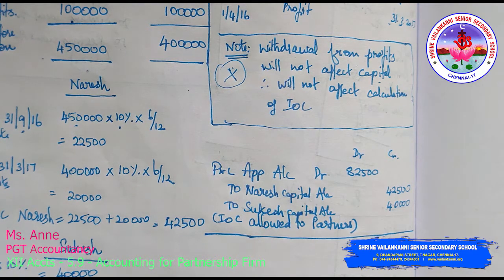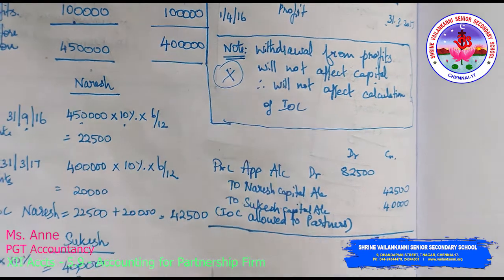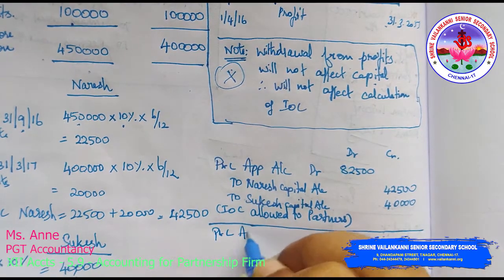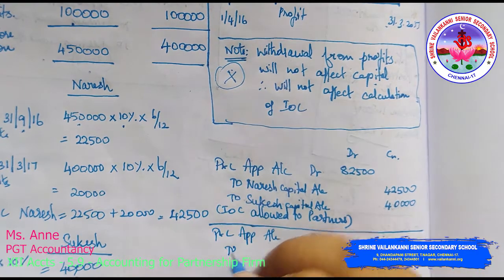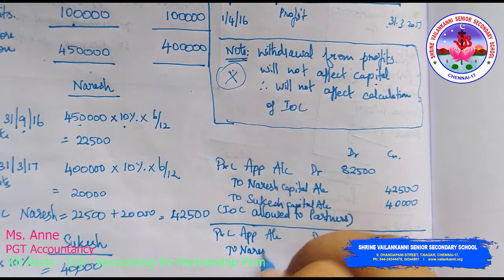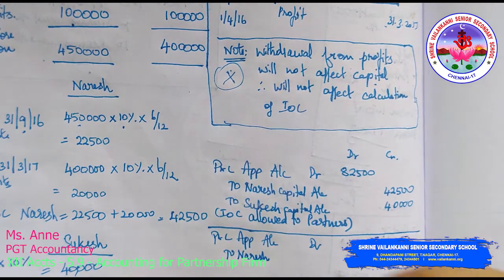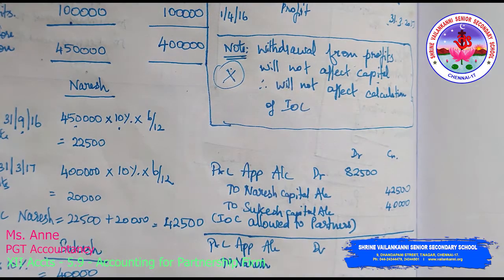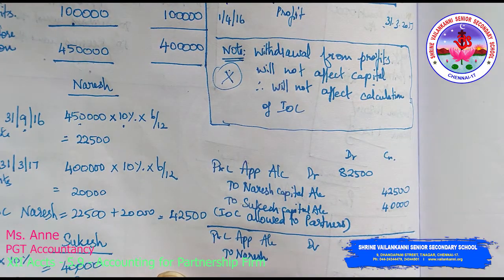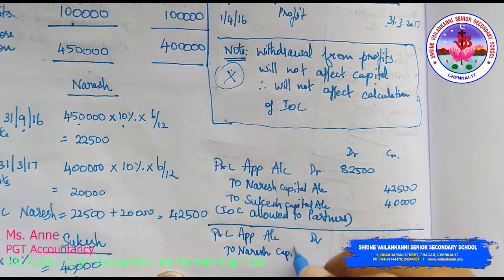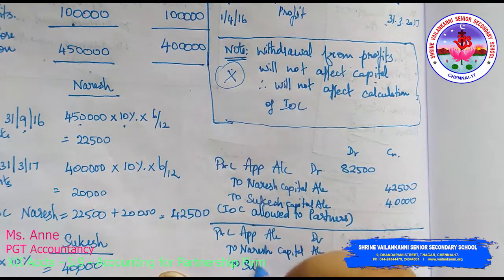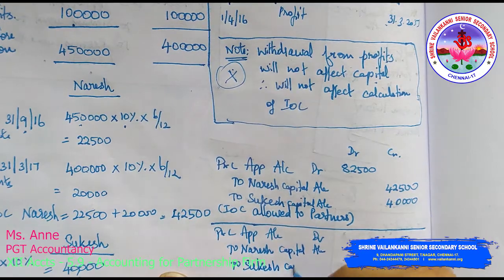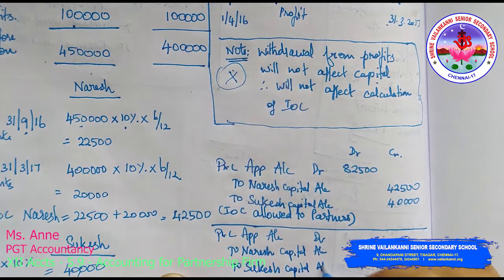So what we ultimately get is P&L appropriation account debit to Naresh profit capital account, to Sukesh capital account.